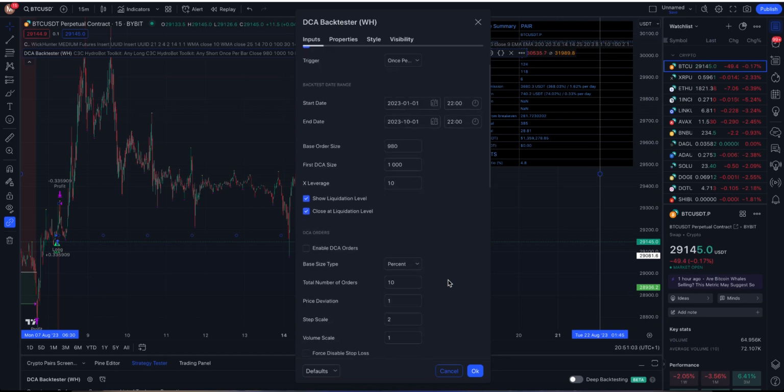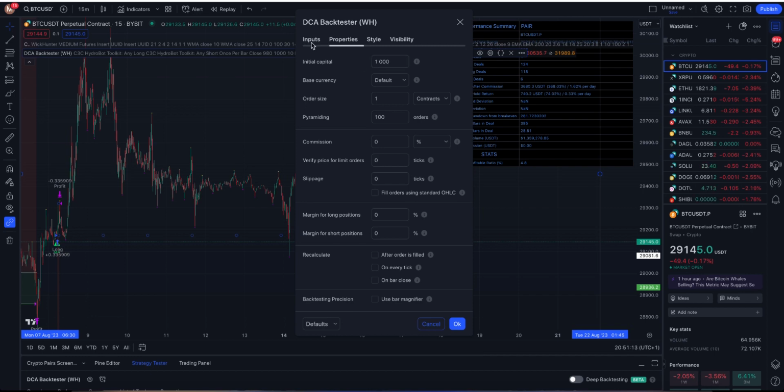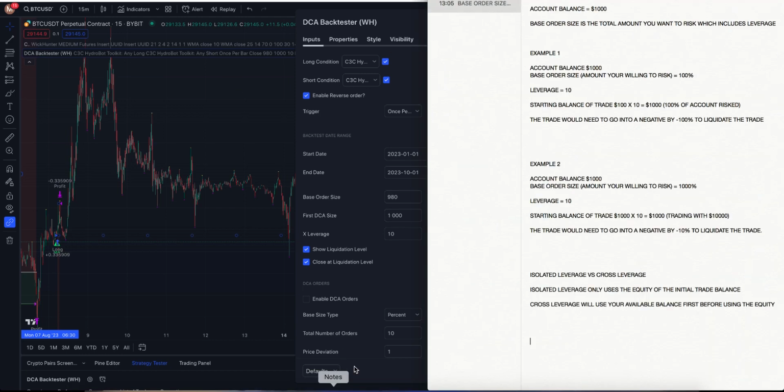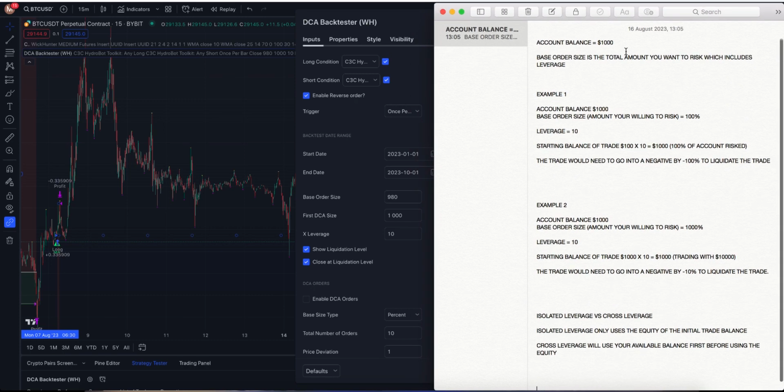So I just want to explain the leverage and why, if we've got $1,000 in the account, we actually put 980% here. I wrote some examples down here. Let me just bring this down a bit so you can see it. If we have an account balance of $1,000, our base order size is the total amount that you want to risk, and this includes the leverage.